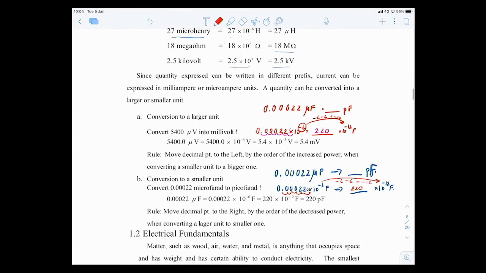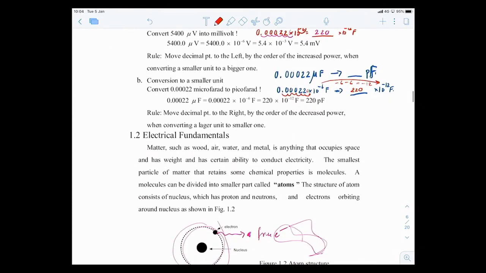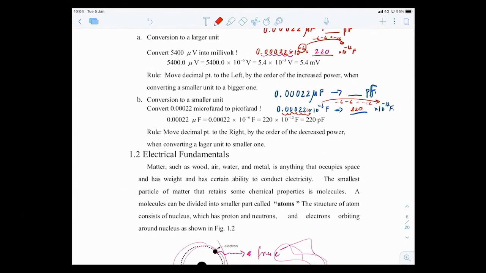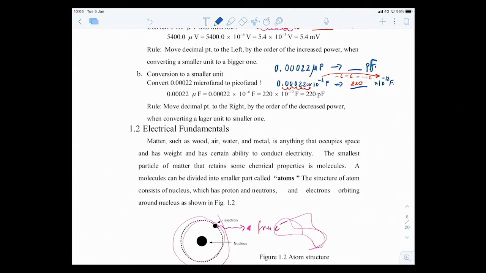Okay, so next one, let's talk about our world of electricity, simply. We have learned from chemistry in high school that everything in the world consists of smallest particles.